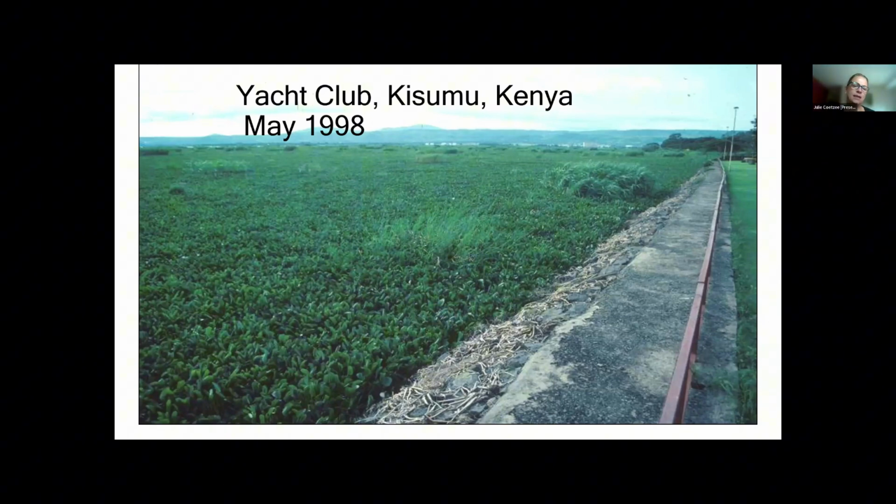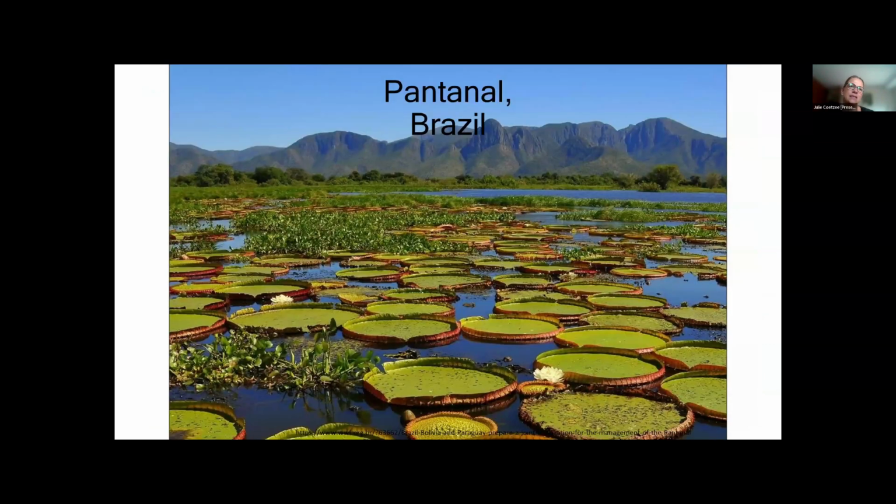So why do we get these species taking over huge wetlands, huge water bodies in introduced areas, where in their natural range, and in this case this is the Pantanal in Brazil, they co-occur with the natural vegetation? Here you can see the beautiful Victoria regia, the world's largest water lily, growing happily alongside water hyacinth.